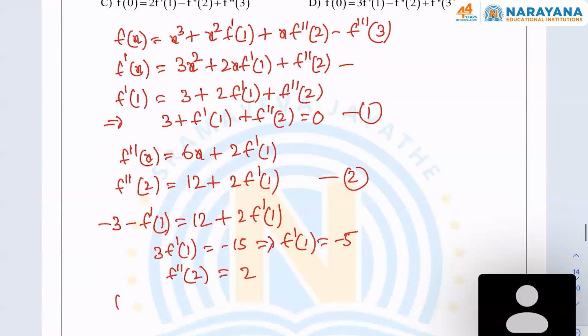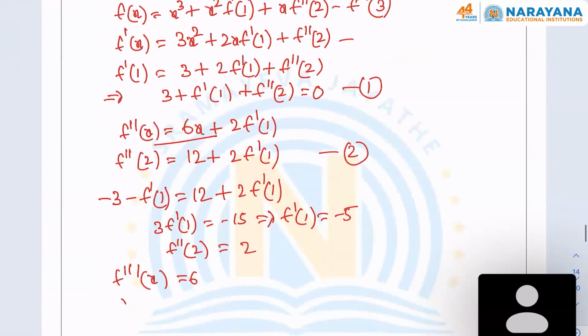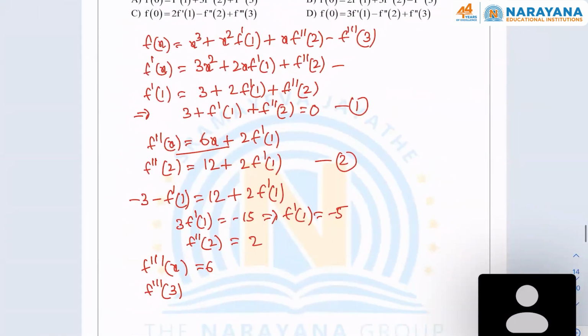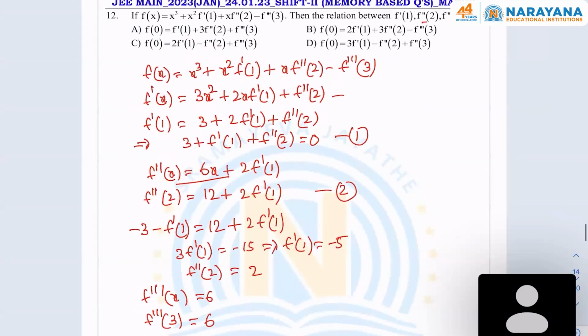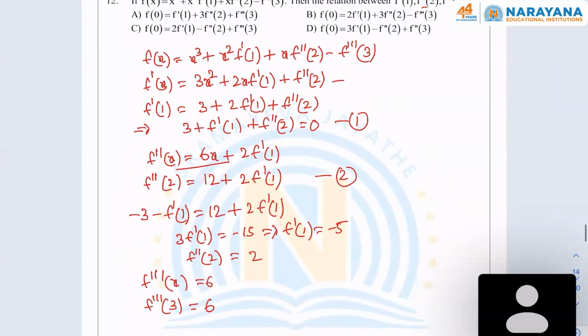Now I want to find f triple dash. Okay, I'm differentiating this equation. f triple dash x is equal to 6. So the f triple dash 3 value, f triple dash 3 or f triple dash 2, all these values remain the same because it is independent of x. So f triple dash 3 is equal to 6. Now they're asking the relation between f dash 1, f double dash 2, f triple dash 3.